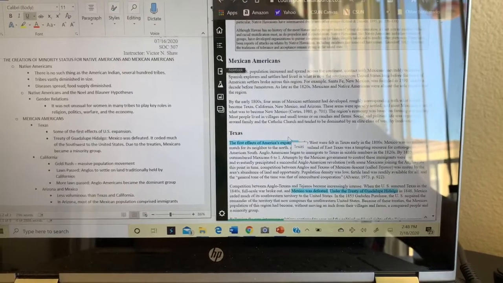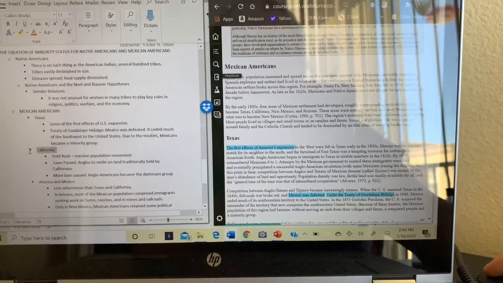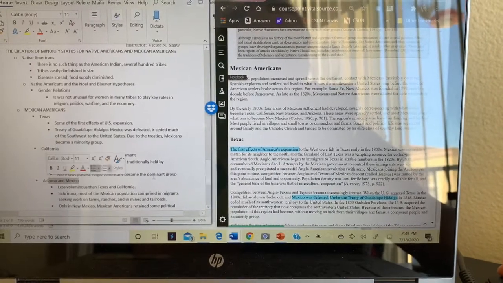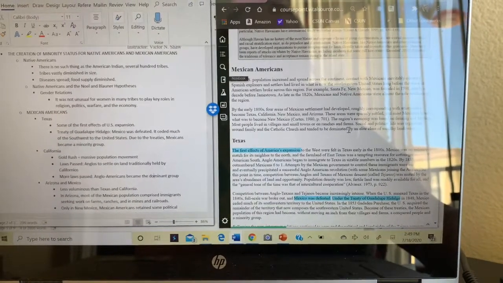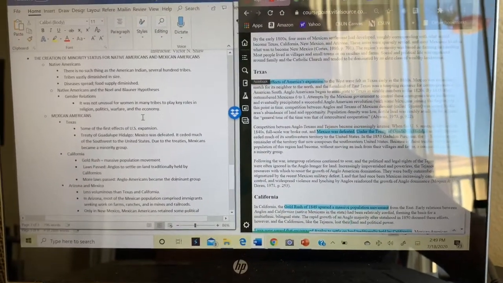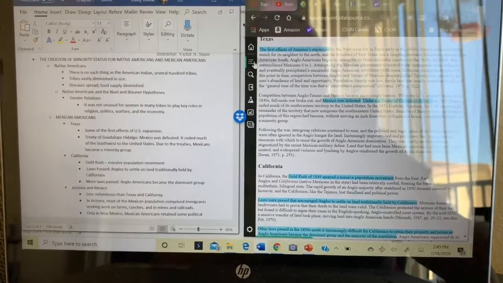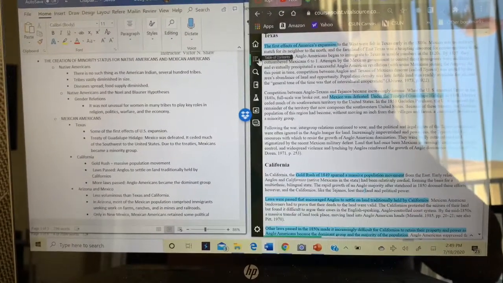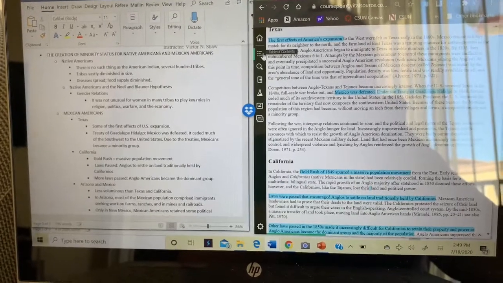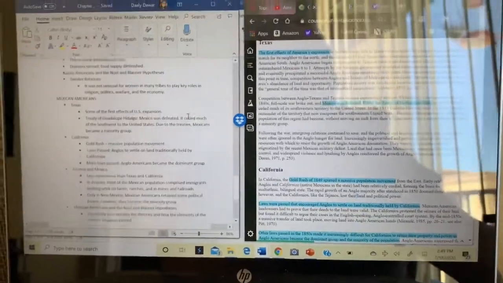Next, the chapter talks about Mexican Americans. So Mexican Americans, we're going to cover Texas, California, and Arizona, and Mexico. So Texas was the first state to experience the effects of the expansion. It goes on to say that with the Treaty of Guadalupe Hidalgo, Mexico was defeated, and due to the treaties, the Mexicans became the minority group.